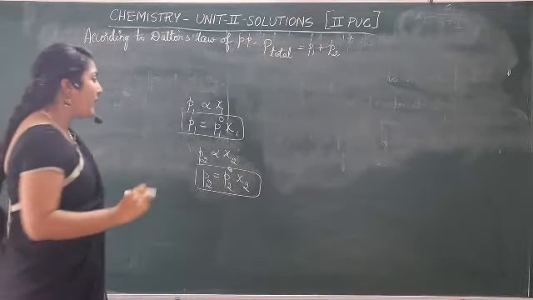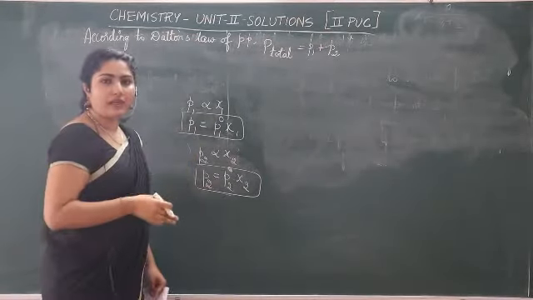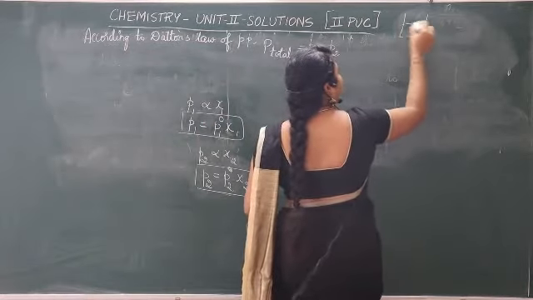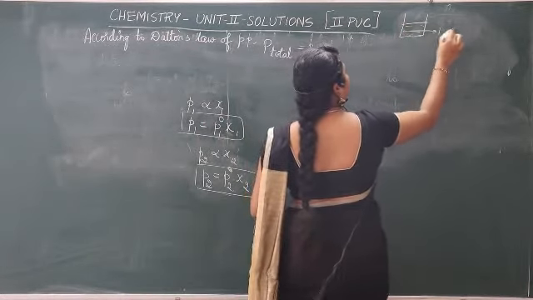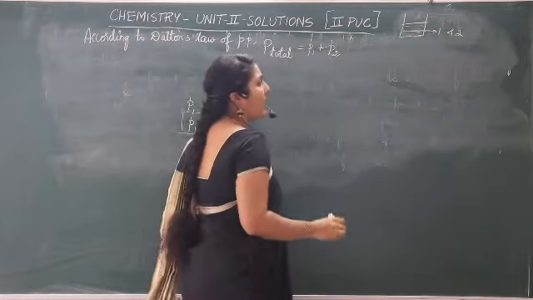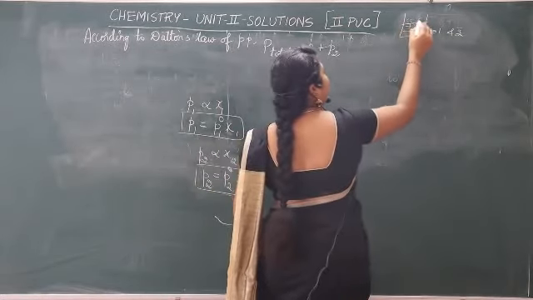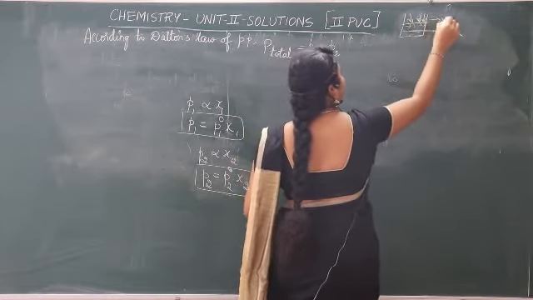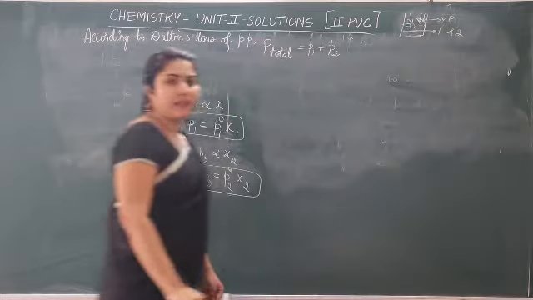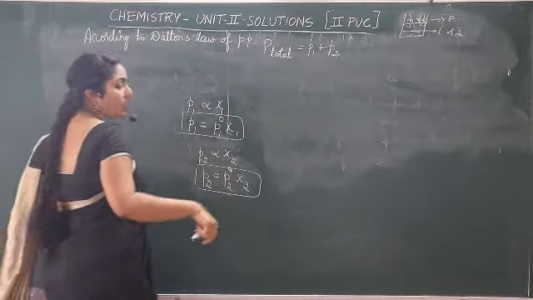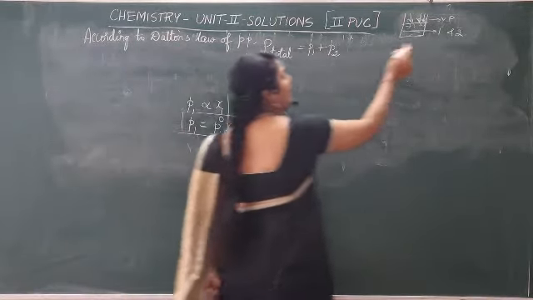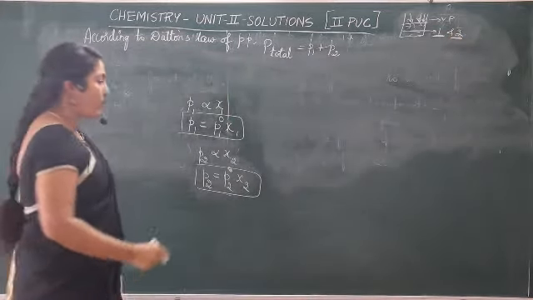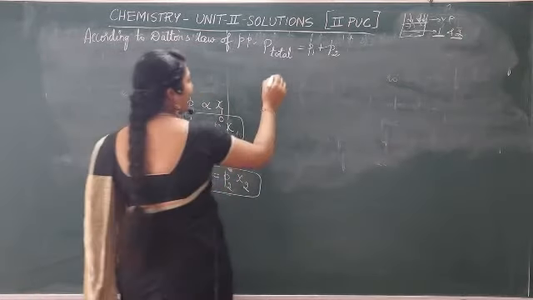What did he say? If you want to take the total pressure of the solution, now we have a solution. What does it constitute? Component 1 and component 2. And now we are considering that it has some vapor phase and that pressure is exerted, the vapor pressure. Now total pressure means the partial pressure of component one plus the partial pressure of component two. We have the expressions here. Just substitute here.